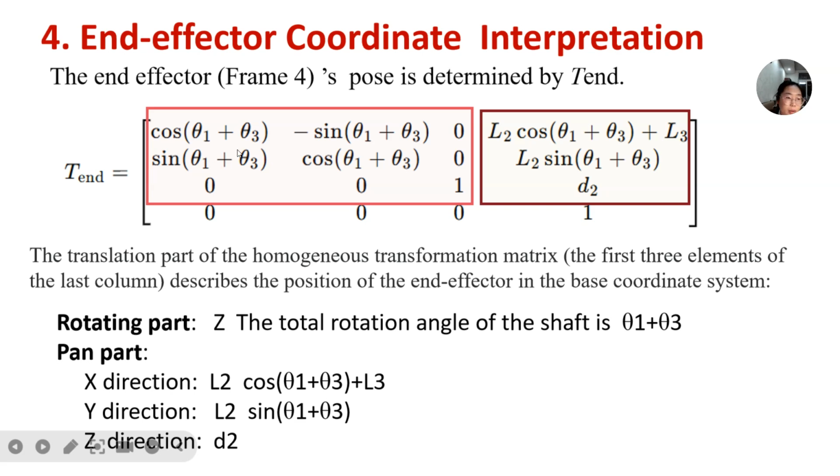First, the end effector is rotated by the angle theta 1 plus theta 3 about the z axis.